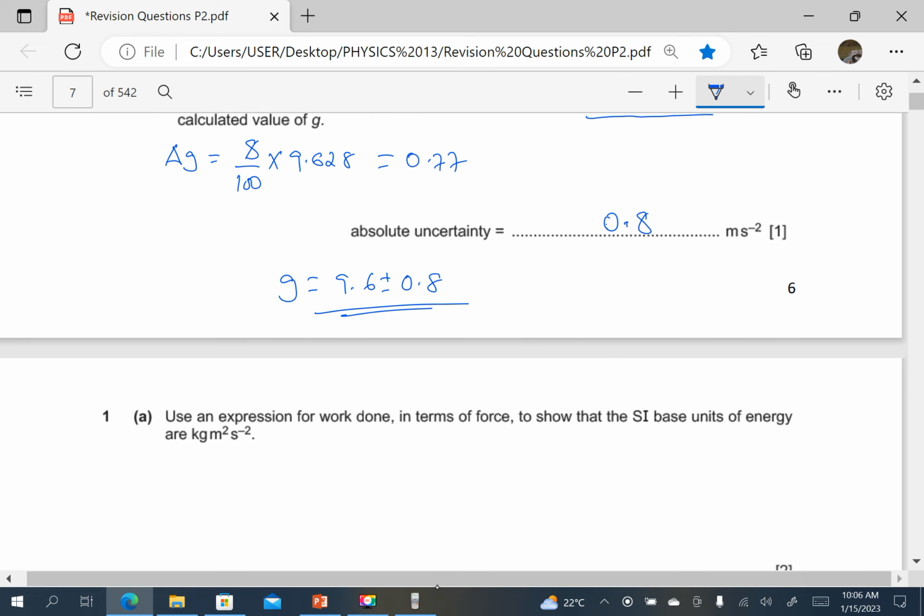The appropriate number would be 0.8. Although 0.77 would be marked at this stage, if the next stage was asking to write g with its absolute uncertainty, you would round off the absolute uncertainty to one significant figure.